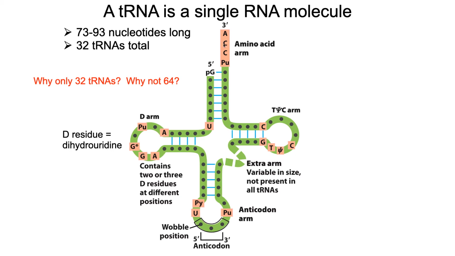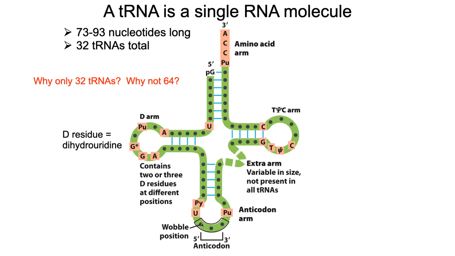Now, it folds into this clover leaf-like structure. The only two parts I want you to be aware of are the 3' end, where we're going to have a covalent bond between the tRNA and the amino acid that it is bound to, and the anticodon arm right here, where we have our wobble position in the 5' most position of that anticodon.